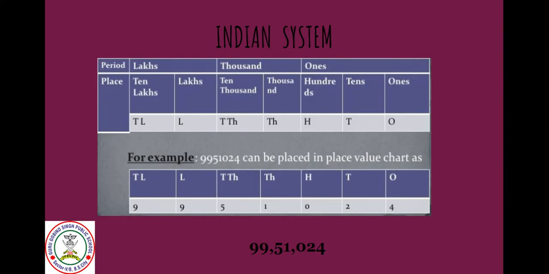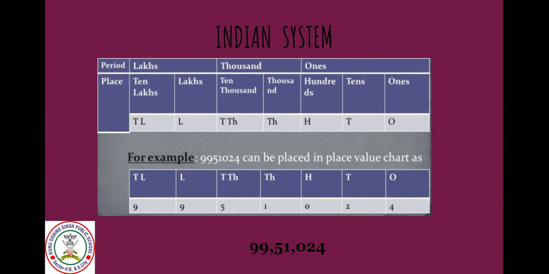We read place value chart from left to right, but start grouping the numbers from right in group of 3, further in group of 2. The places are separated into groups called periods. These periods help us to read and write large numbers.